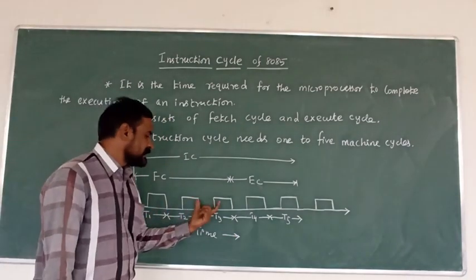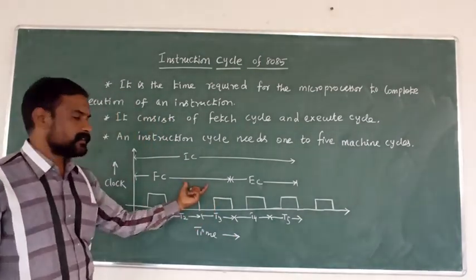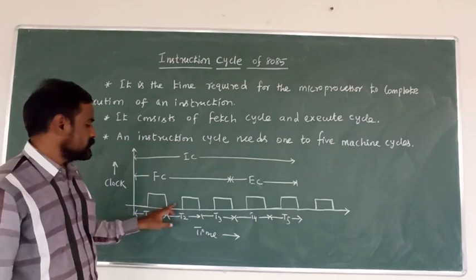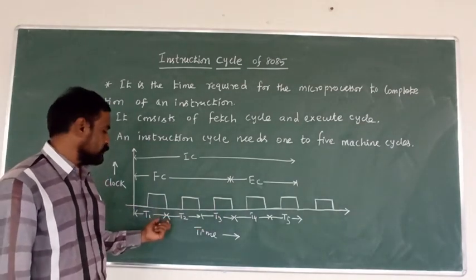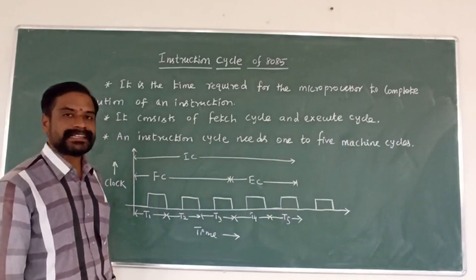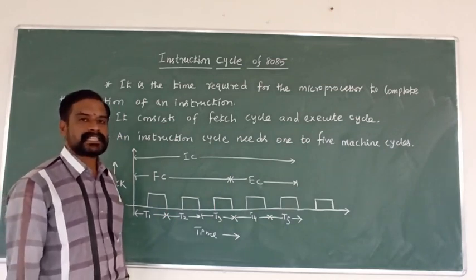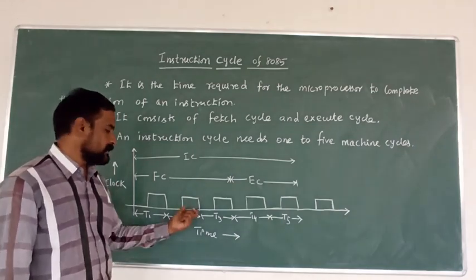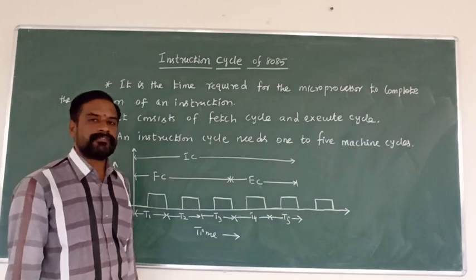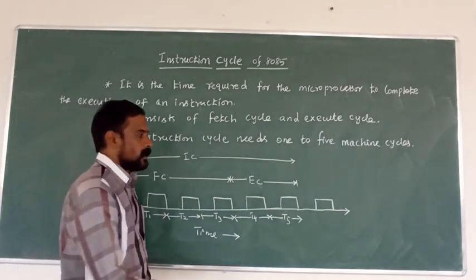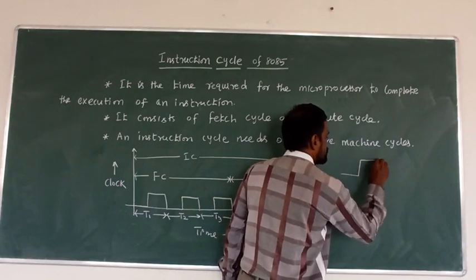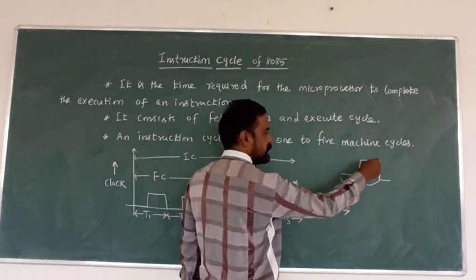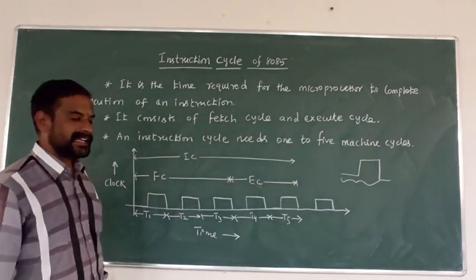The first 3 T states are required to execute the fetch cycle: T1, T2, T3. Here T1, T2, T3 are nothing but T states. Timing states are clock periods. A timing state means one off state and one on state. This is for one T state.